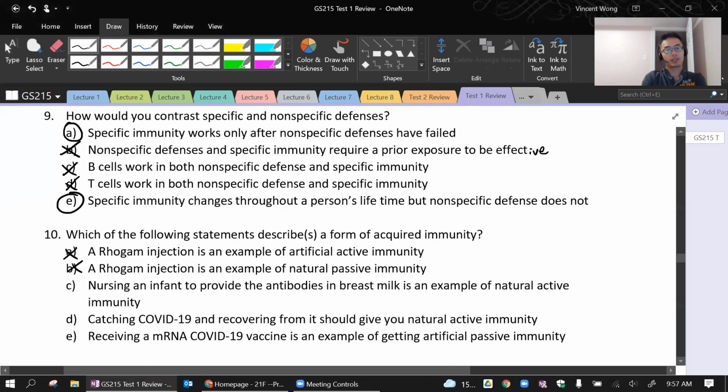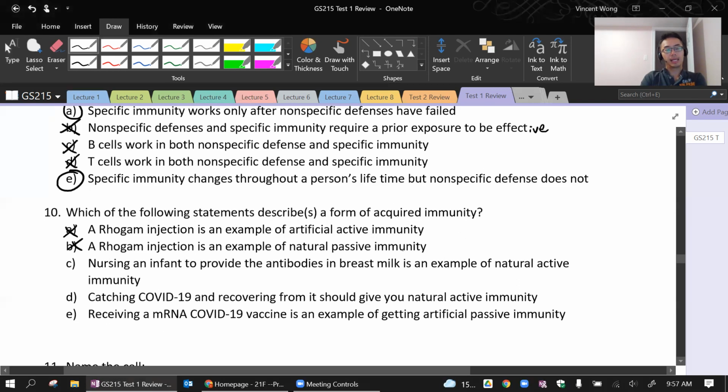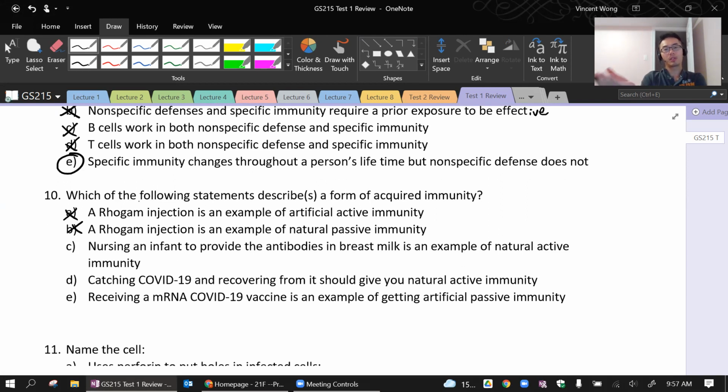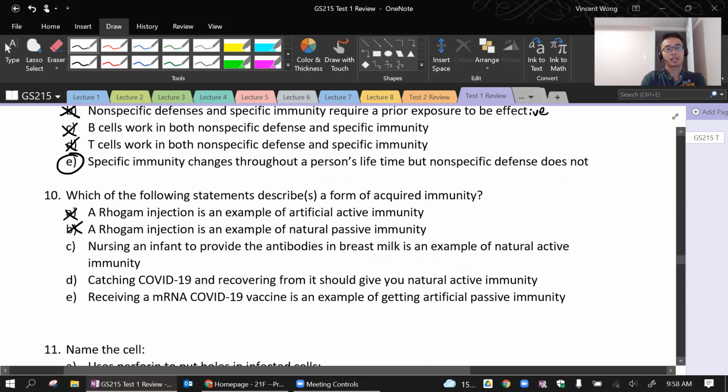So automatically these two are not correct. And if you must classify RhoGAM as a type of immunity, arguably it would be artificial passive, because then you're receiving anti-Rh antibody from an artificial source, right? So A and B wouldn't be correct.